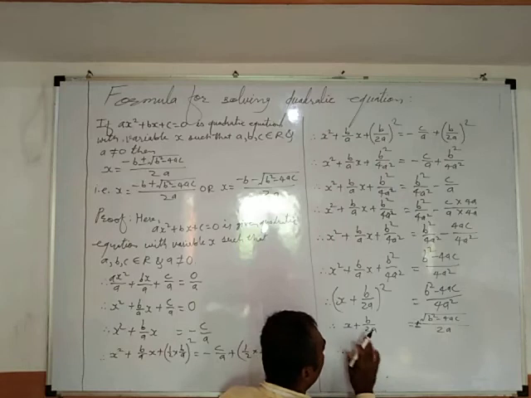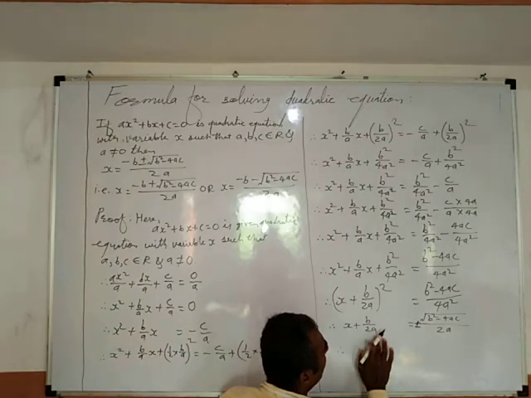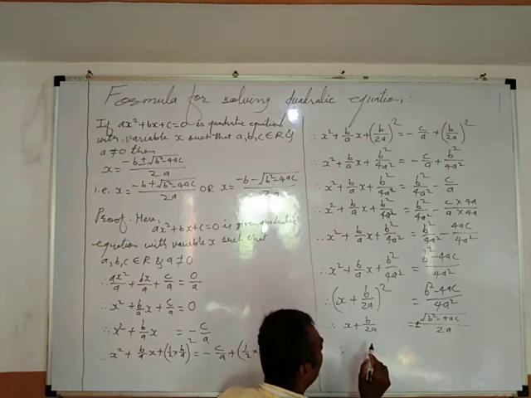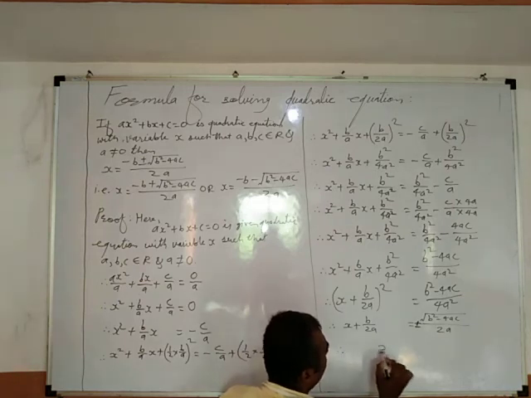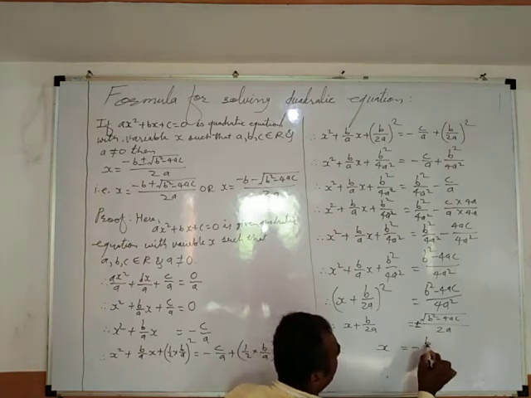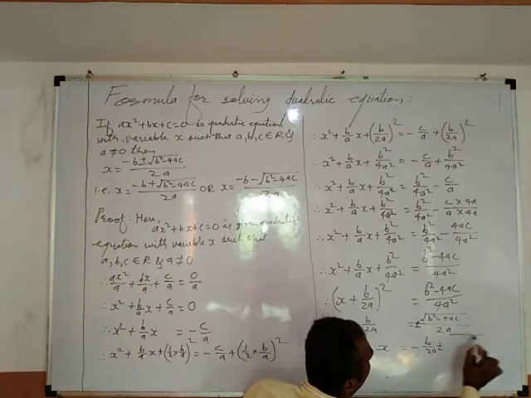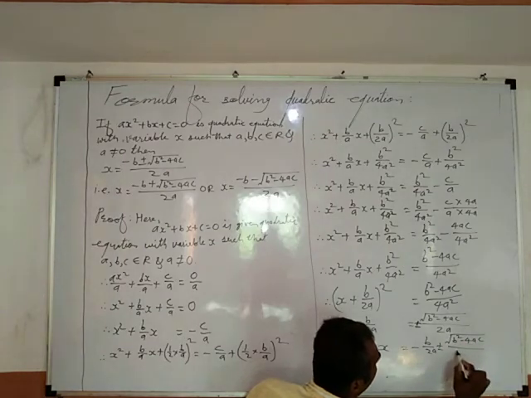And therefore, on transfer of this plus b upon 2a towards the right side, we get minus b by 2a. Therefore, it becomes x equals minus b upon 2a plus or minus under root b square minus 4ac upon 2a.